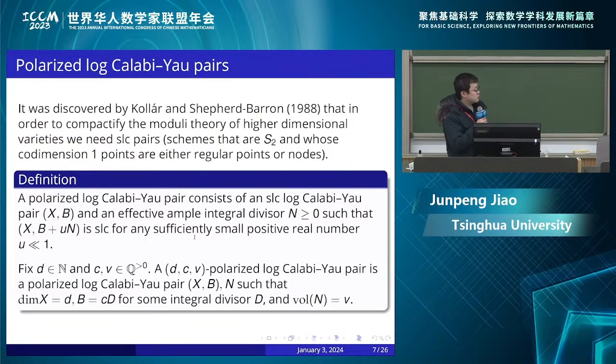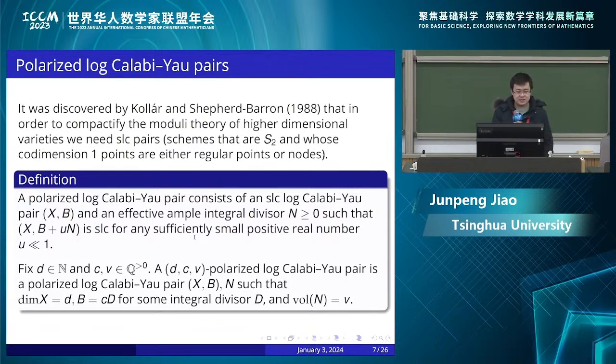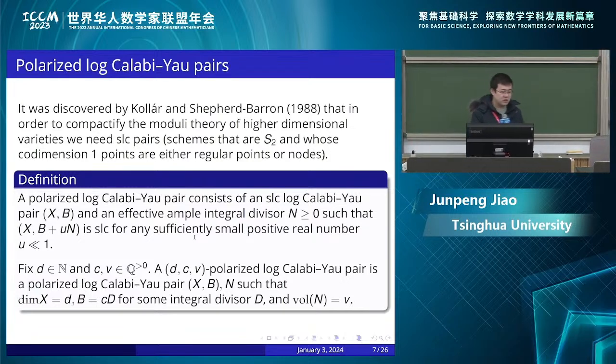SLC is short for semi-log canonical. The reason we consider SLC is that it was discovered by Kollár and Shepherd-Barron that in order to compactify the moduli theory of higher dimensional varieties, we need SLC pairs.